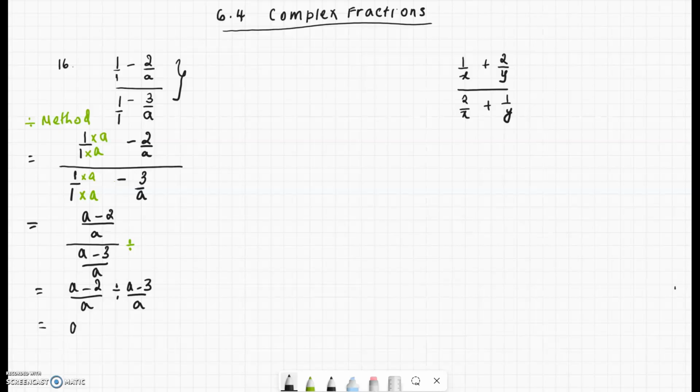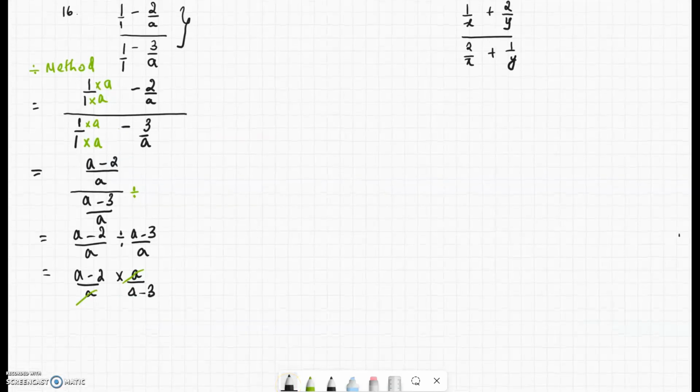That is equal to a minus 2 over a times a over a minus 3. So now we cancel the common factors, if any, and then write the final answer as a rational expression in the lowest terms.